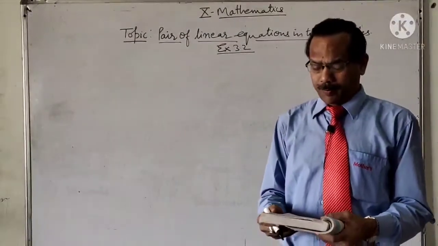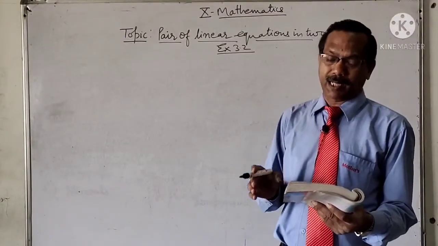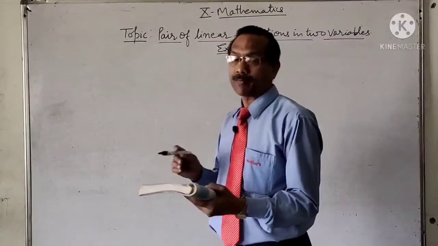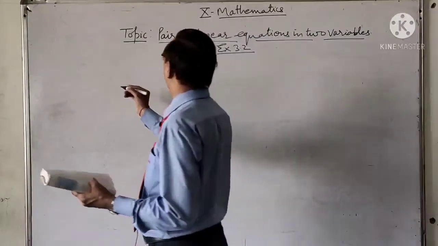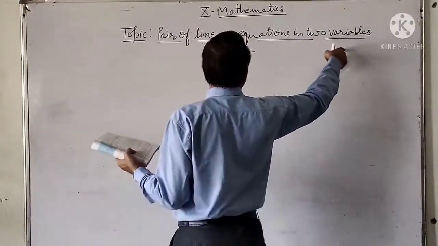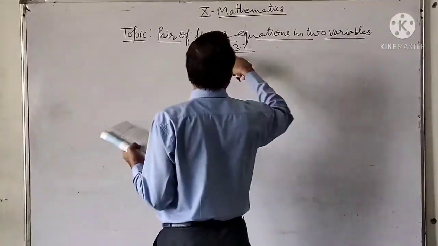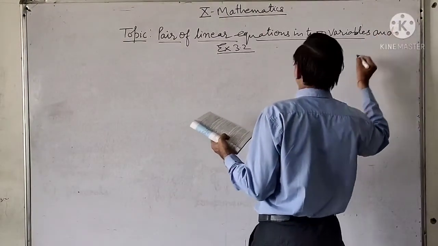Student, now we will see the behavior of lines representing a pair of linear equations in two variables and see the existence of the solution. So the topic is pair of linear equations in two variables and their behavior.